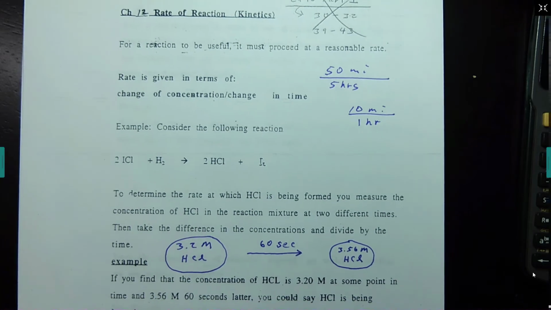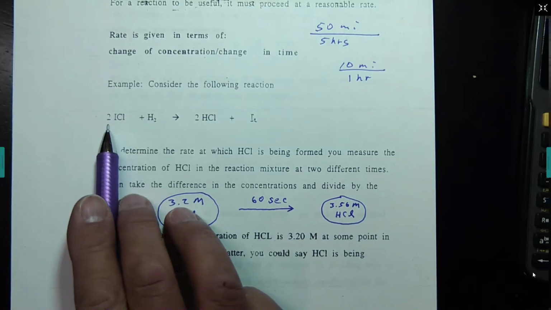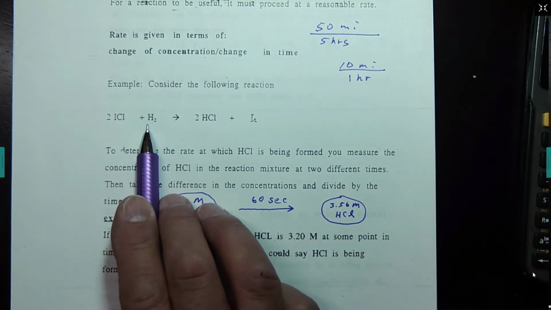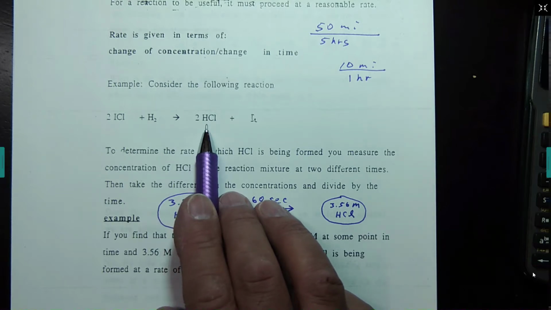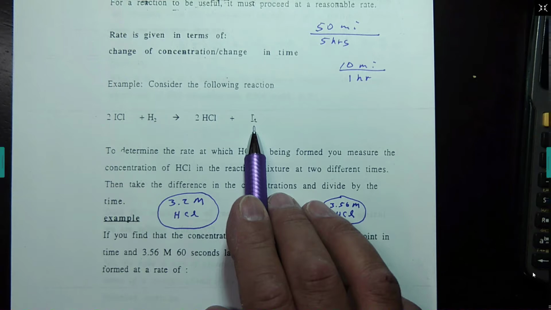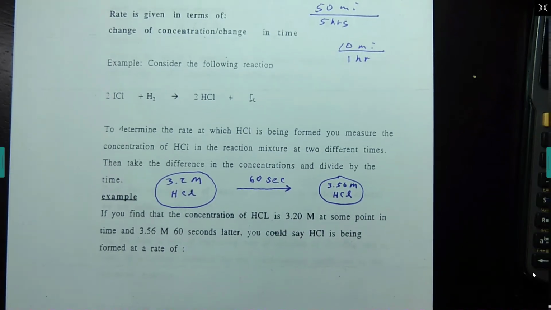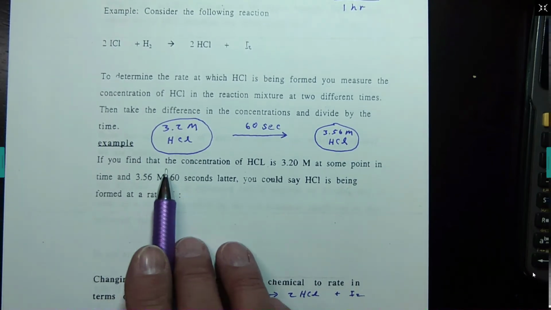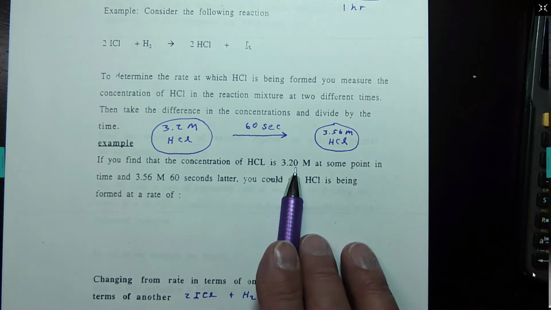So let's find a rate. Let's look at this reaction here. Two molecules of ICl, iodine chloride, react with hydrogen to form 2 molecules of hydrochloric acid and 1 molecule of iodine, I2. So let's say you've got a reaction mixture, and you find that the concentration of HCl at some point in time happens to be 3.2 molar.